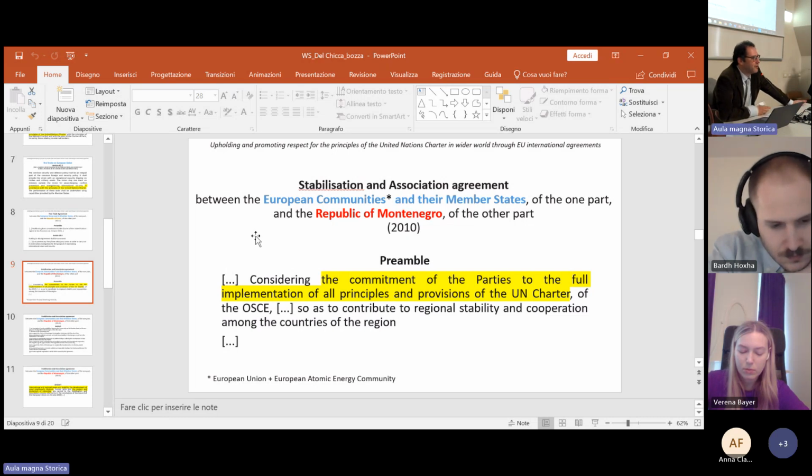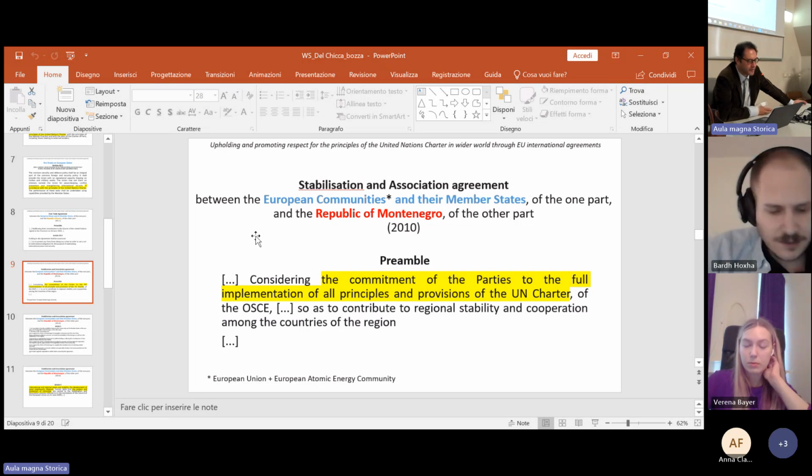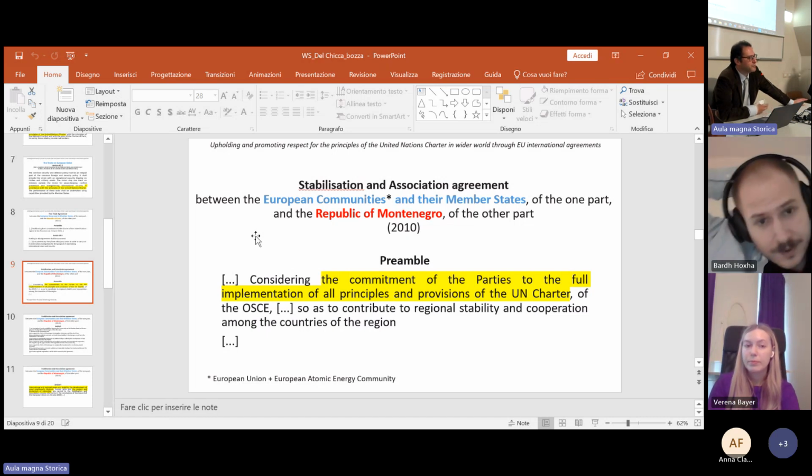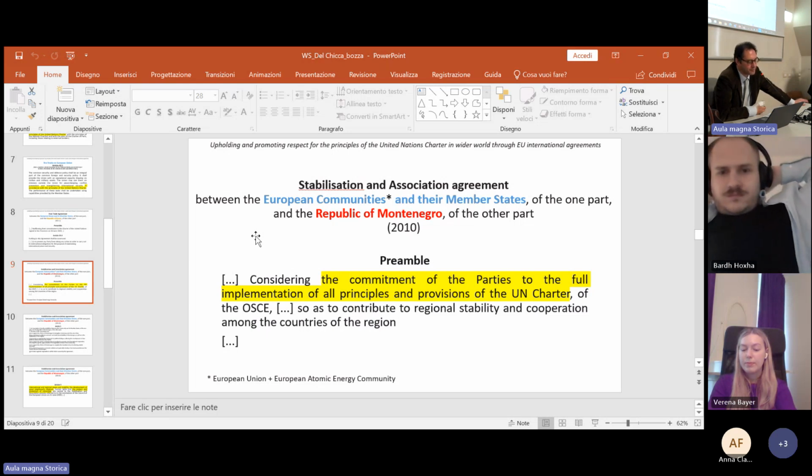Let's take another example of another kind of European Union agreement. This is a stabilization and association agreement. These are agreements concluded by the European Union with, in some way, candidate states, which wish to enter into the European Union. Okay, and this is the agreement between the European Communities, because it's signed by the European Union on one part and the European Atomic Energy Community on the other part.